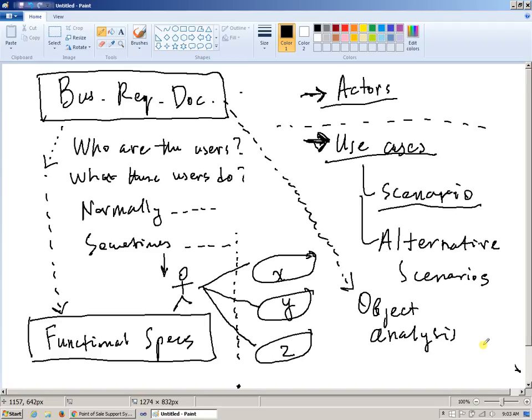So that's yet another aspect or angle from which to look at the business requirements and take it to the next level. And the next level ultimately is this functional spec, complete, that you can use, that takes you much closer to beginning to experiment with the code, start writing actual code, and take it to yet another stage.